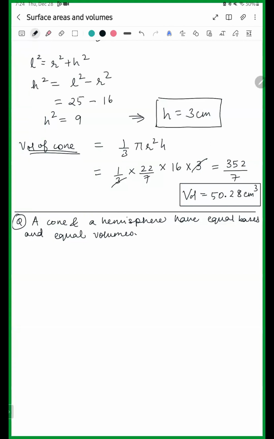Find the ratio of their heights. See, in this question, they've given a cone and a hemisphere, but in your exam, you could have any two different figures. Maybe a sphere and a cylinder, maybe a hemisphere and a cylinder, anything.